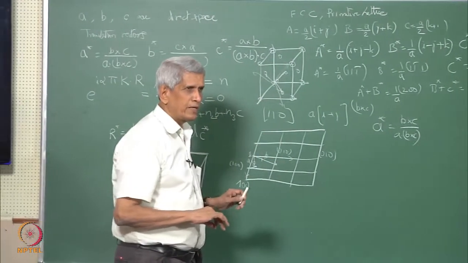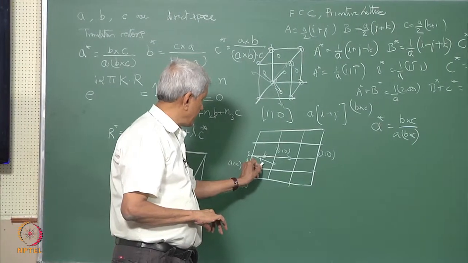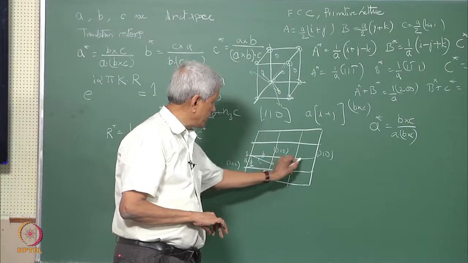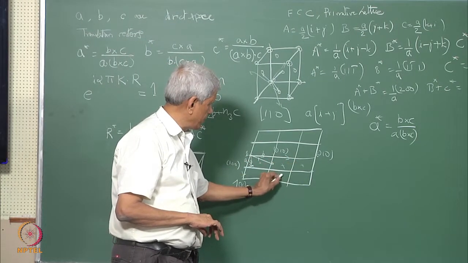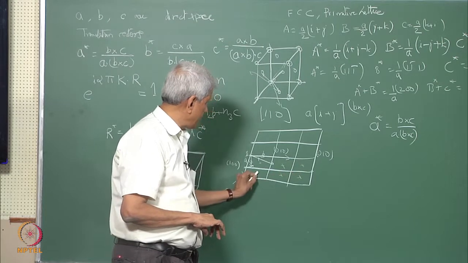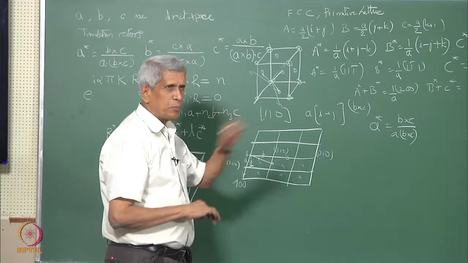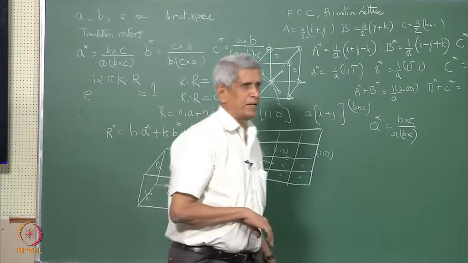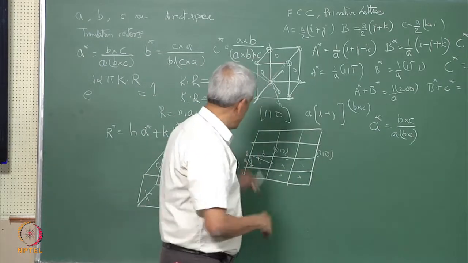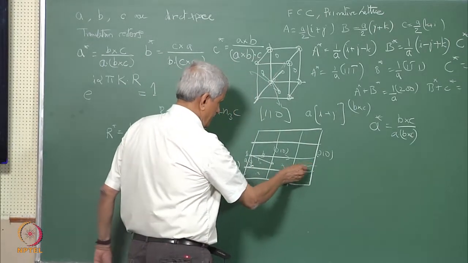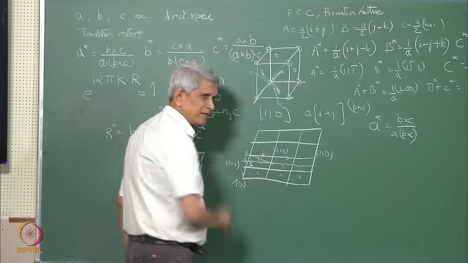Suppose we assume that at this particular position, at the middle of it, there is some lattice point. Then what will happen? Then there is a plane which comes in between, right?